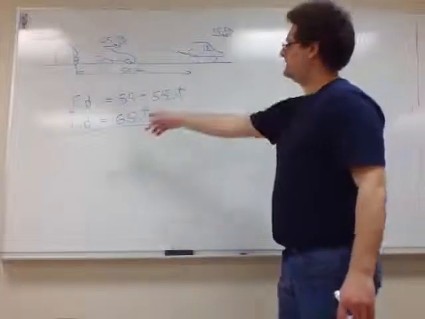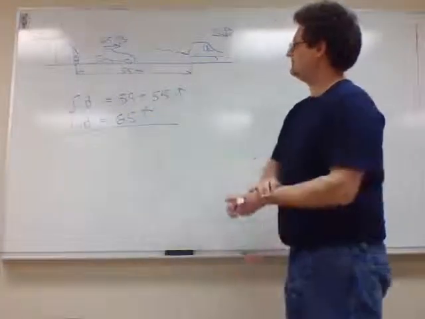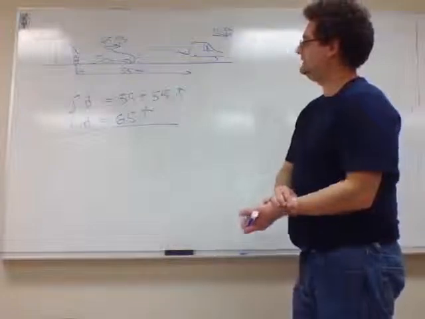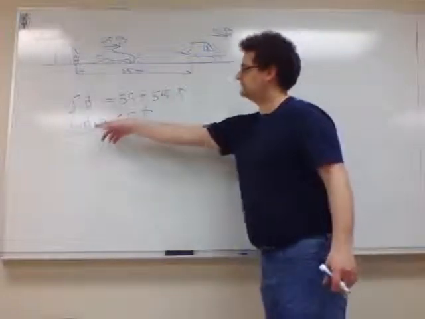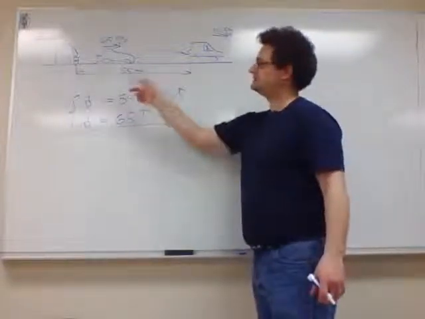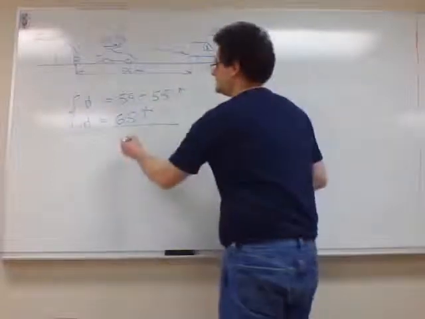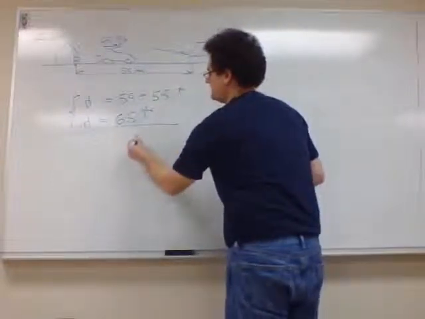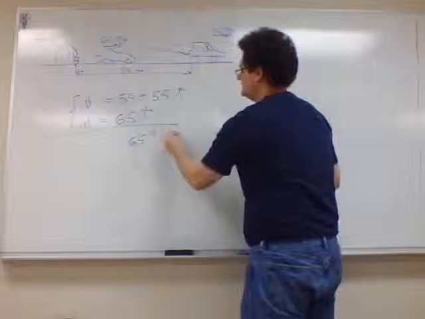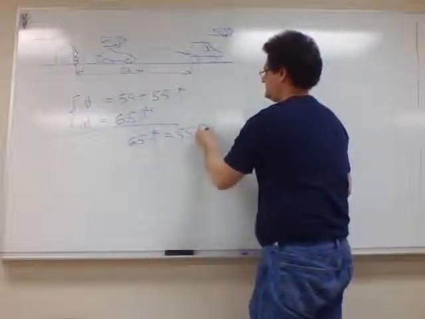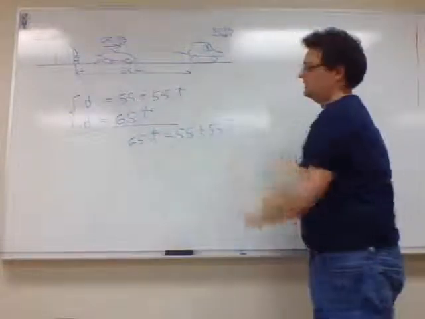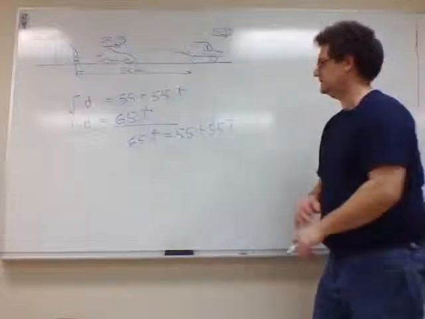It's easy here to solve for t: just substitute d is 65t in the first equation. So we have 65t is equal to 55 plus 55t, and we just need to solve for t.